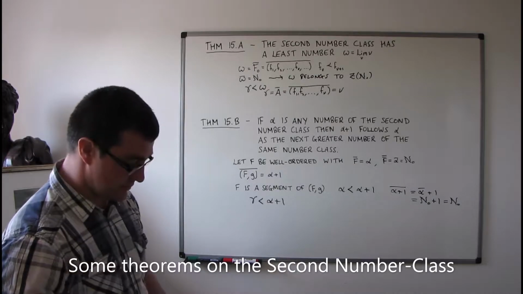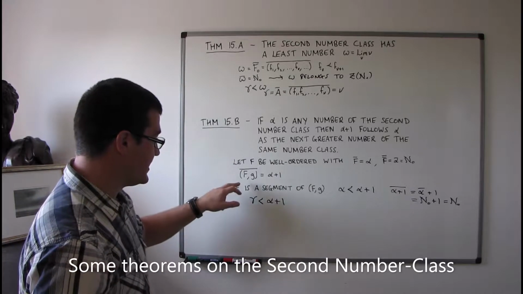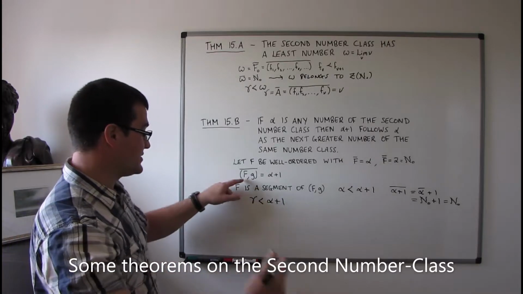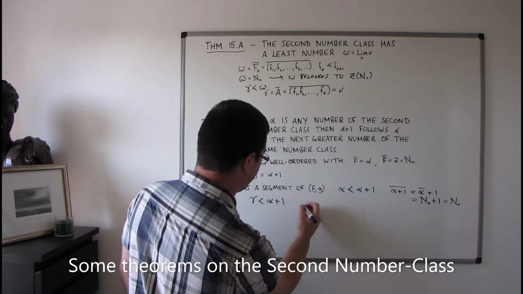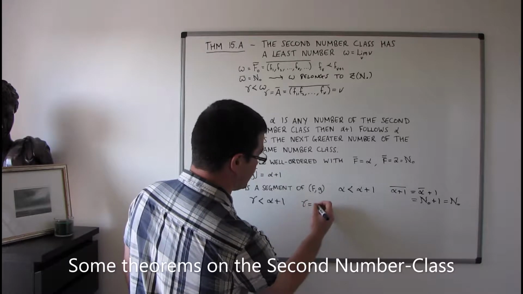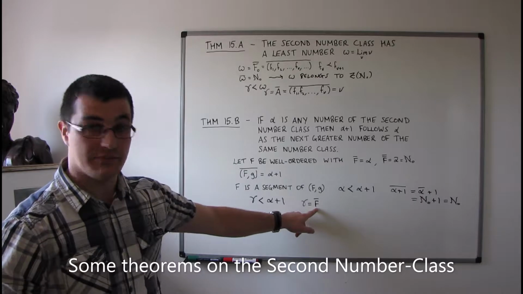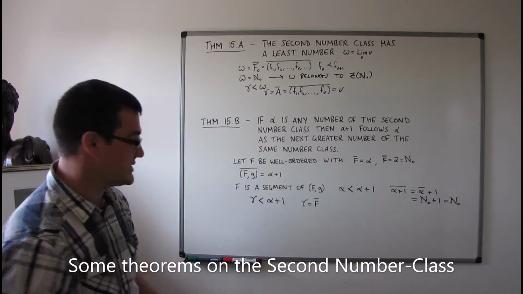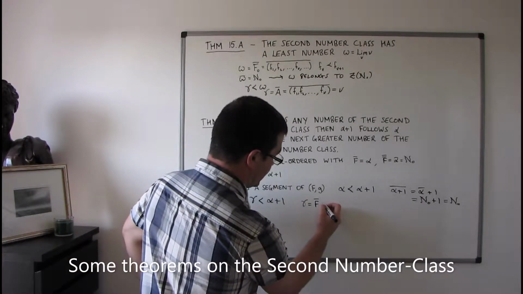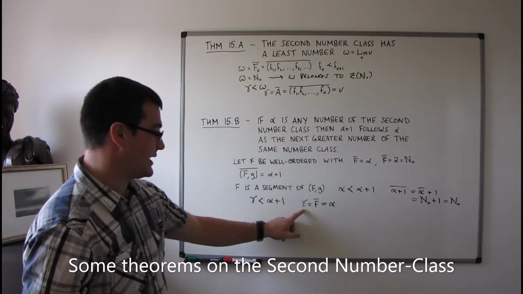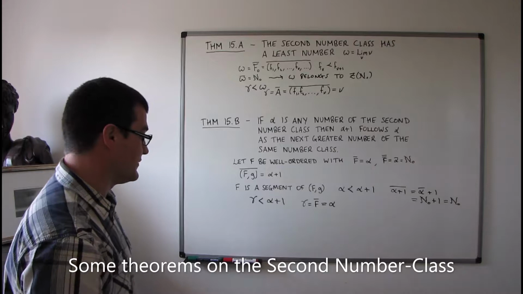So either that segment is going to be f, or it's going to be itself a segment of f. So if gamma is equal to the ordinal number of f, if f is the segment that we're interested in, then this is equal to alpha. So in that case we get gamma equals alpha.